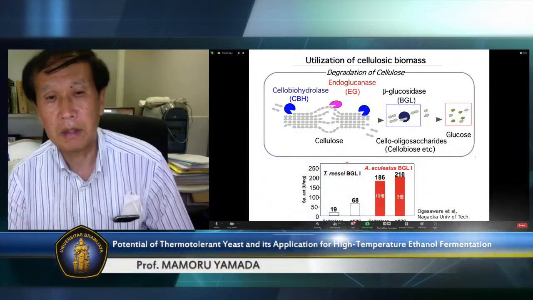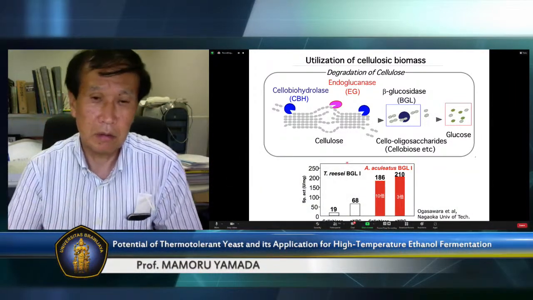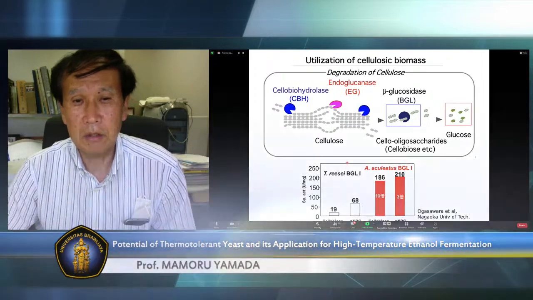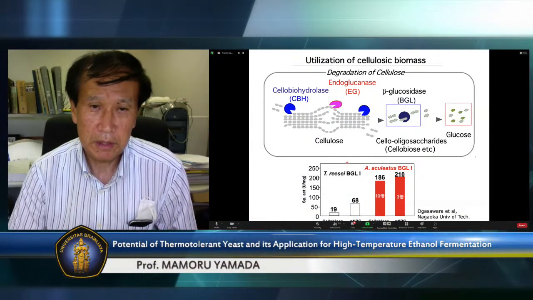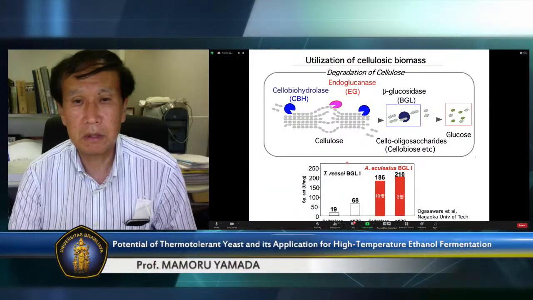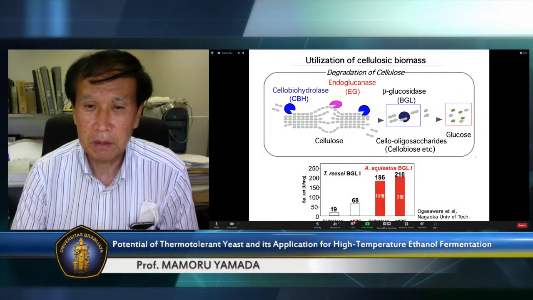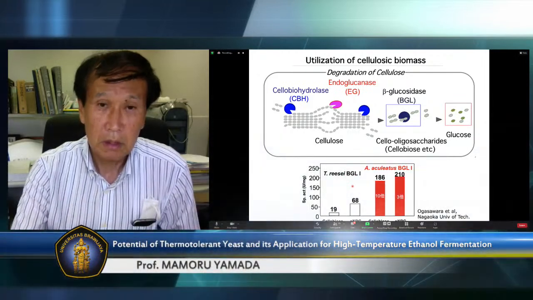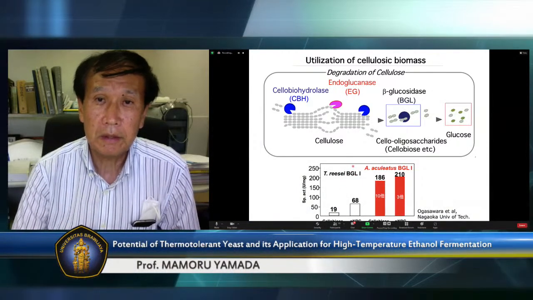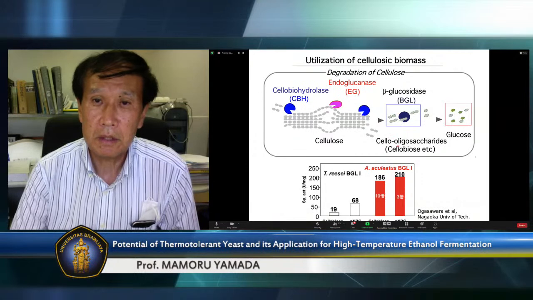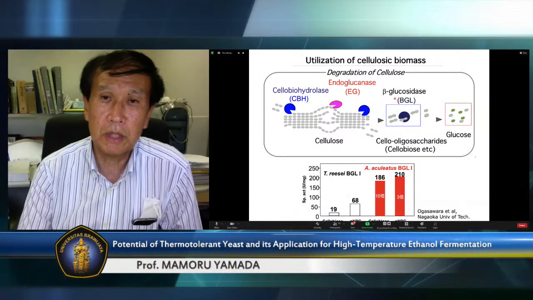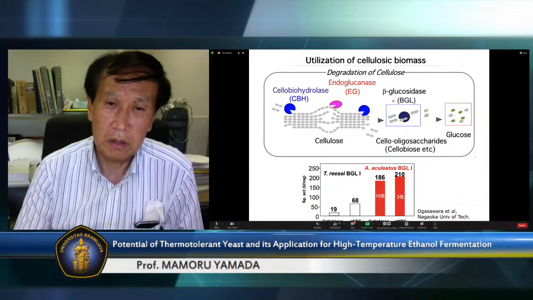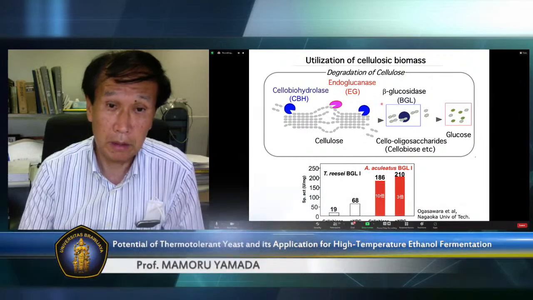So the commercialized cellulases are mixed with Trichoderma reesei enzymes and other enzymes, like Aspergillus. So if we can make this beta-glucosidase by the yeast, we can make ethanol easily and economically.